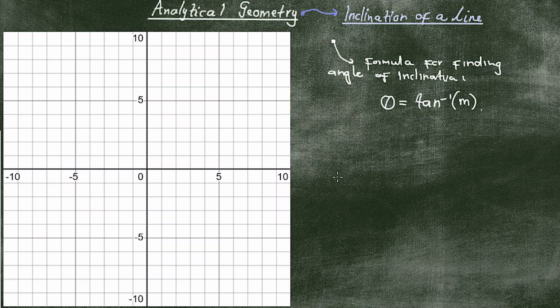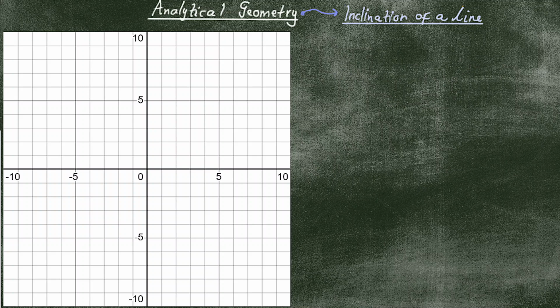So in order to calculate the angle of inclination, you need the gradient of that line. So the angle of inclination and the gradient, same WhatsApp group. Same WhatsApp group. So let me hide this.